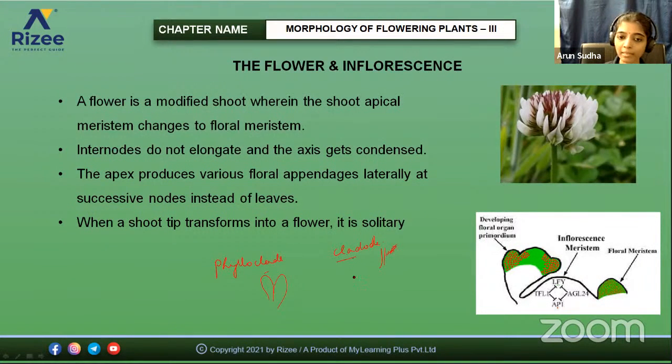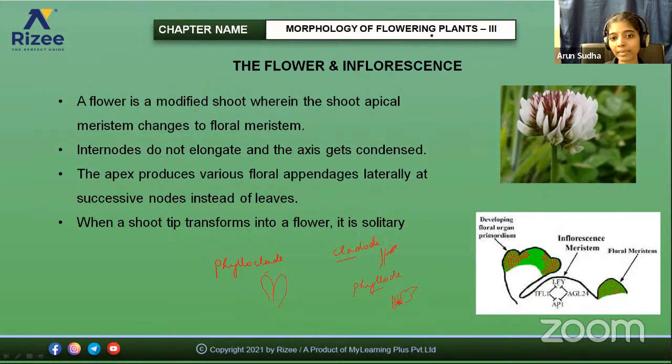But if you take the phyllode, it is the petiole which forms the leaf-like structure. This is the petiole area which forms the leaf-like structure in the case of phyllodes. Cladode, actually what is cladode is, here the main stem will be present and the lateral branches will be like a leaf. But here the petiole will be like a leaf in the case of phyllodes.